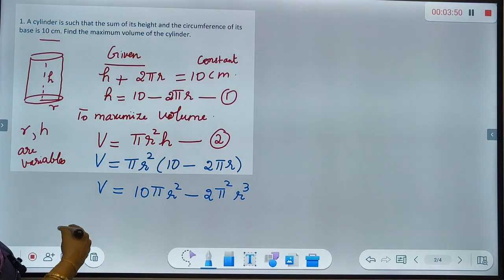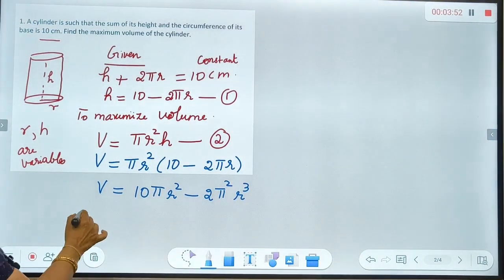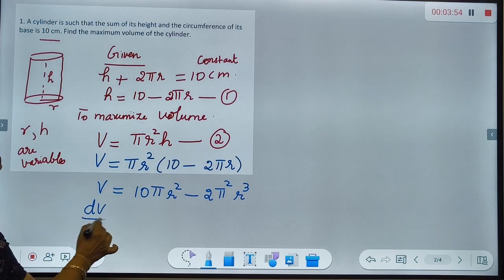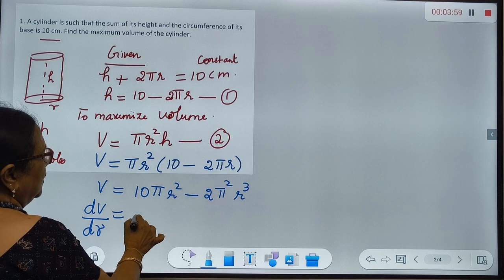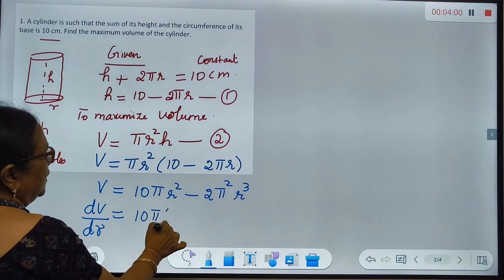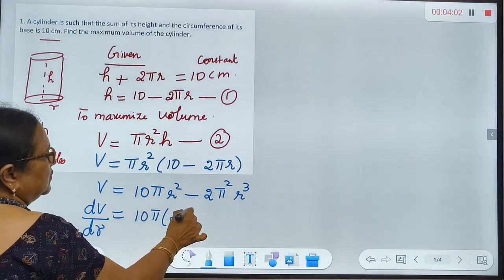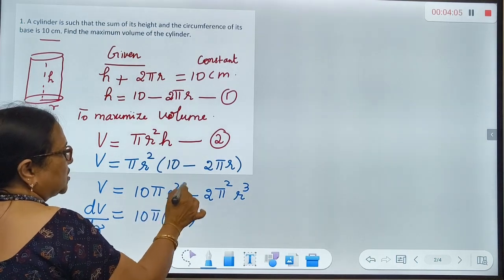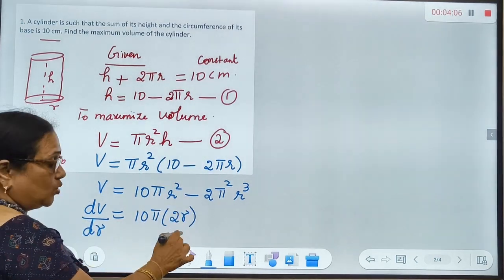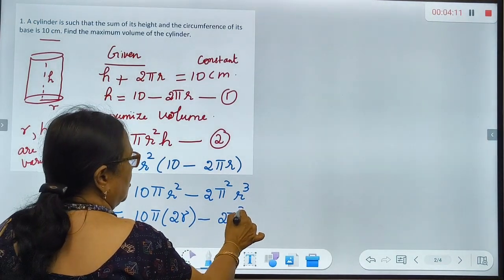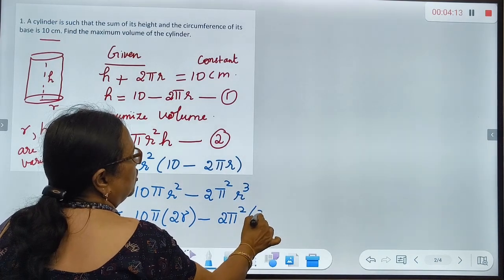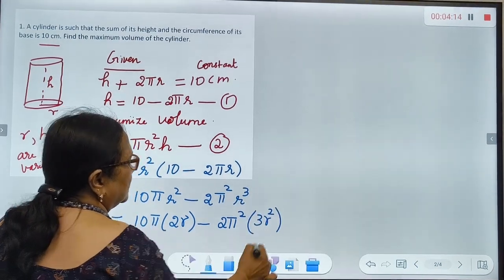So we have to differentiate with respect to r. So dV by dr is equal to 10 pi into 2r, because 10 pi is a constant, and differentiating r square you get 2r, minus 2 pi square, which is a constant, and differentiating r cube, you get 3r square.